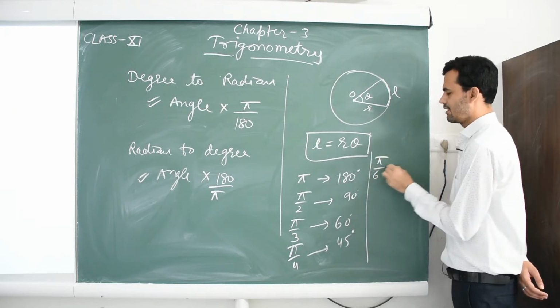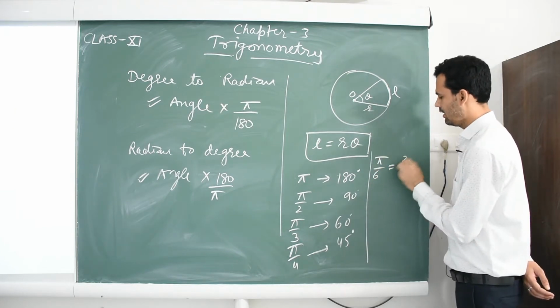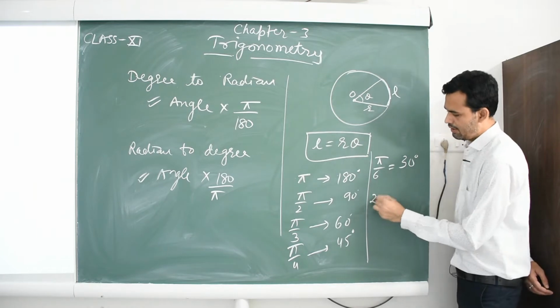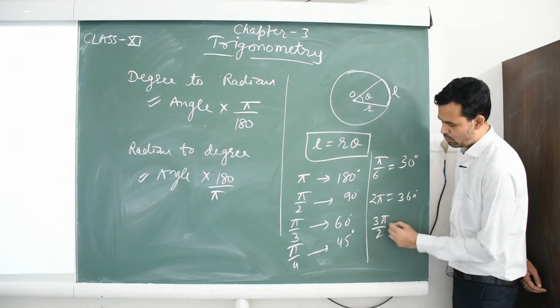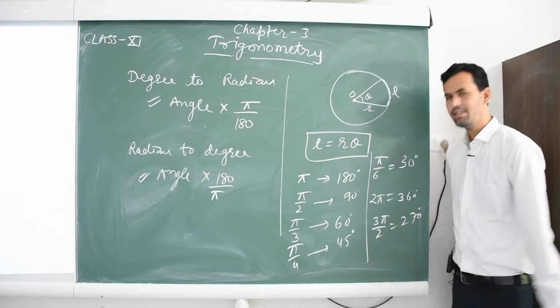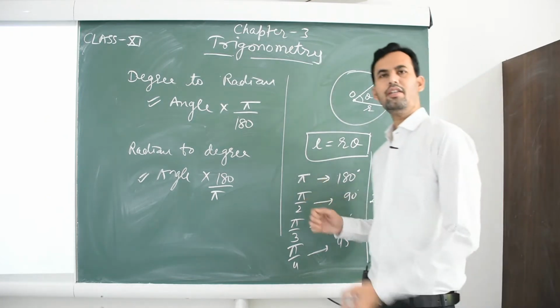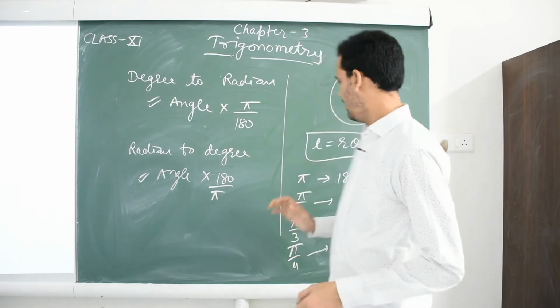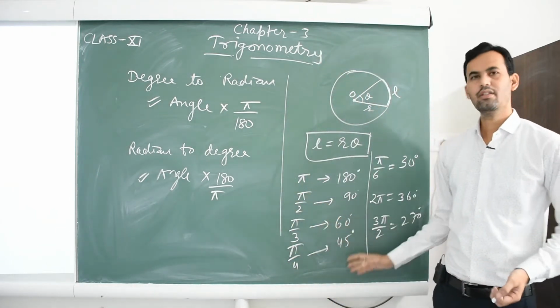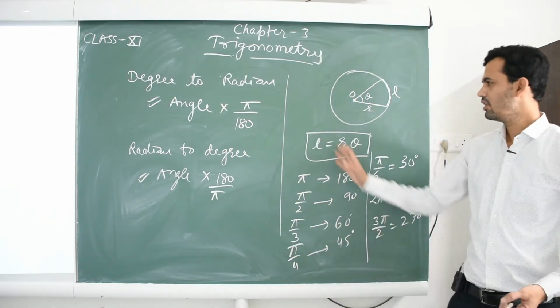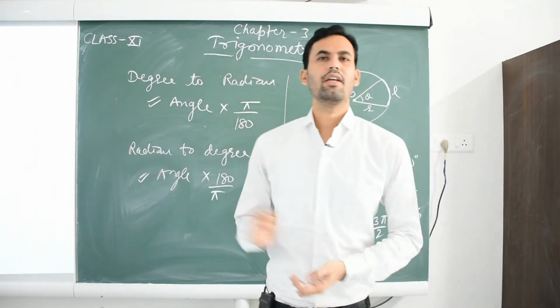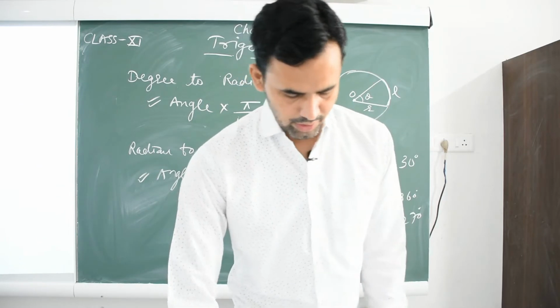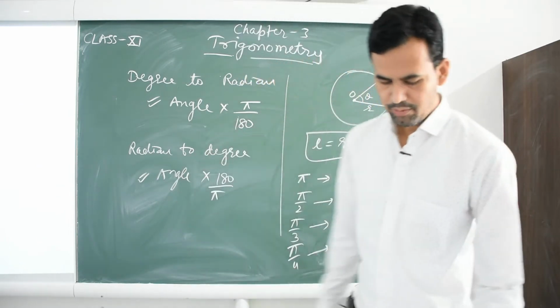Pi by 6 is 30 degrees. 2 pi means 360 degrees. 3 pi by 2 means 270 degrees, and so on. So the value of pi is 180 degrees, and pi by 2 is 90, pi by 3 is 60, and so on. These are all important things for exercise 3.1. Now we start exercise 3.1.